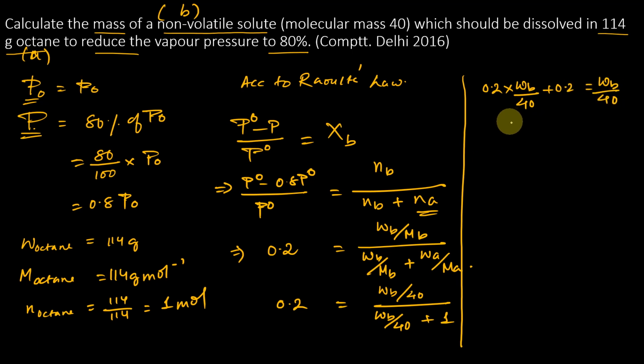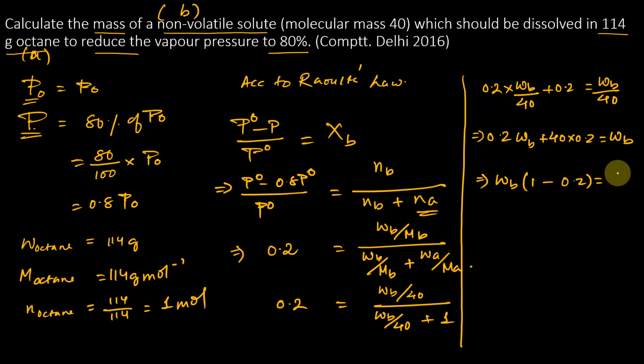So take it to one side. If we multiply everything by 40, then it will become 0.2 WB plus 40 into 0.2 is equal to WB. So simply it will become WB into 1 minus 0.2 is equal to 40 into 0.2.